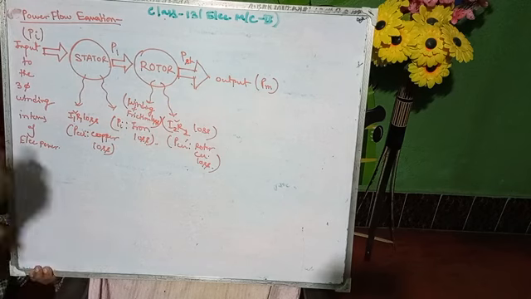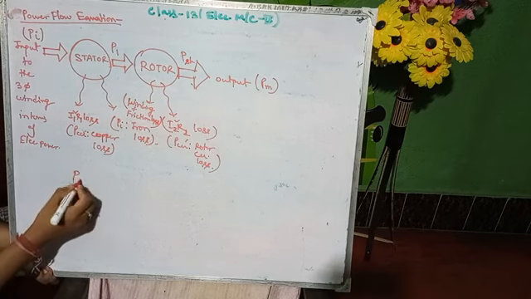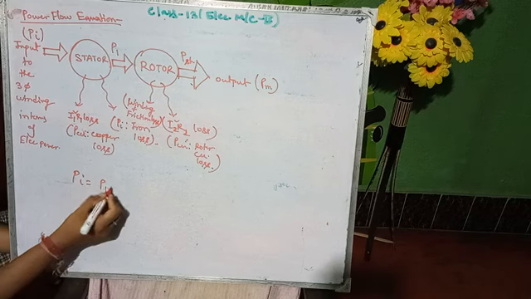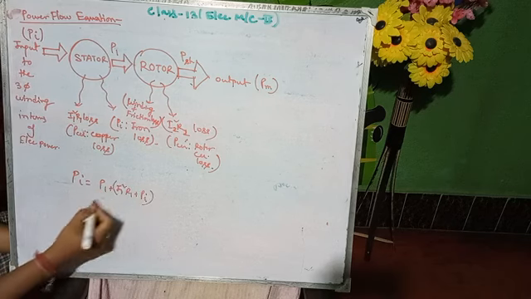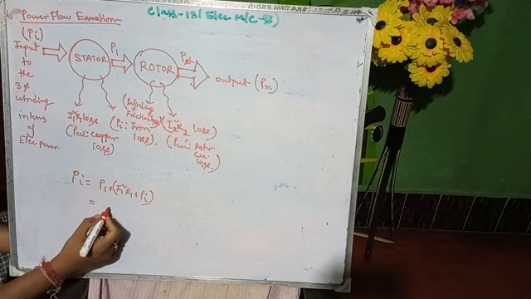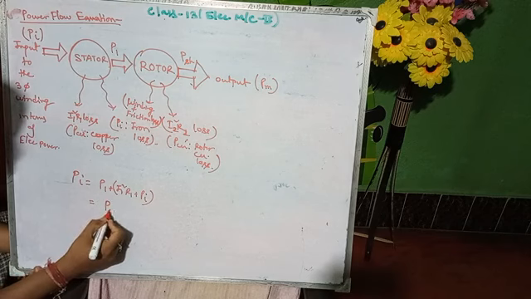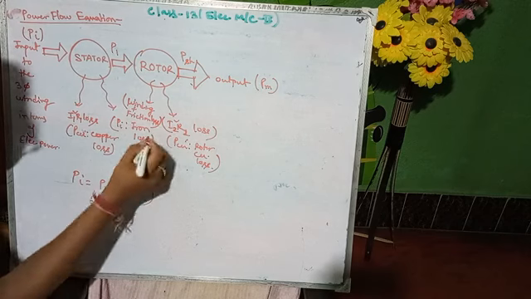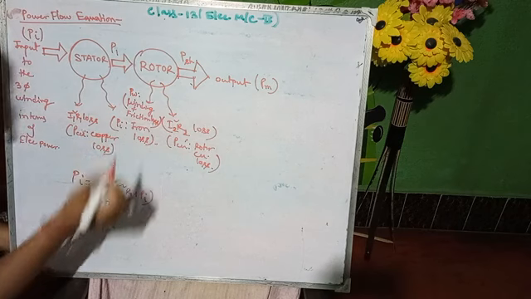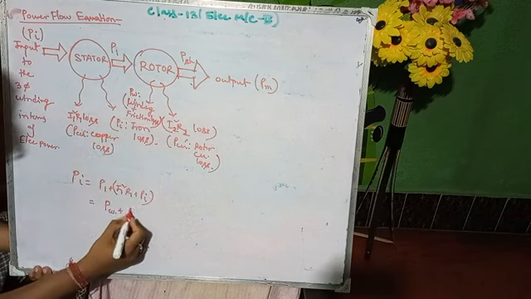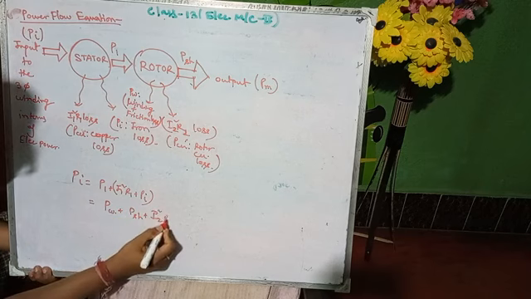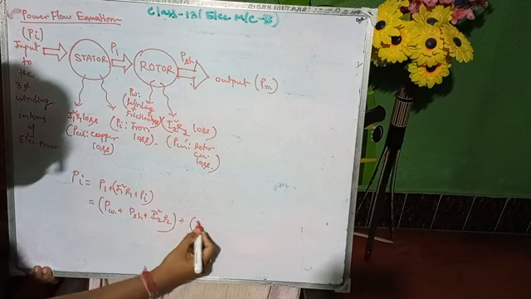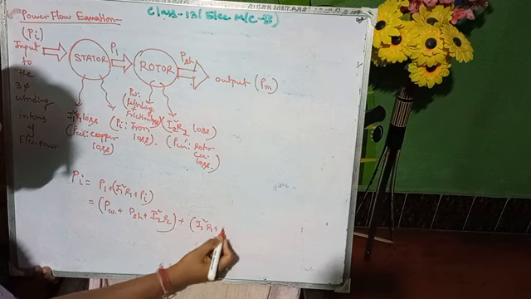So actually PI equals P1 plus I1 square R1 plus PI. Then P1 can be divided further into P of winding, that is the winding plus friction loss, PW. So PW plus PSH plus I2 square R2 plus I1 square R1 plus PI.